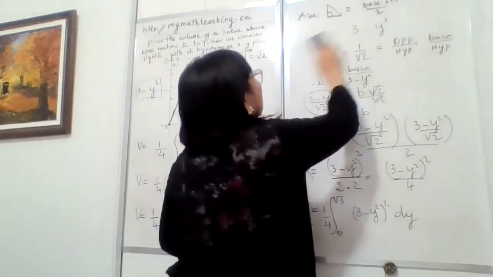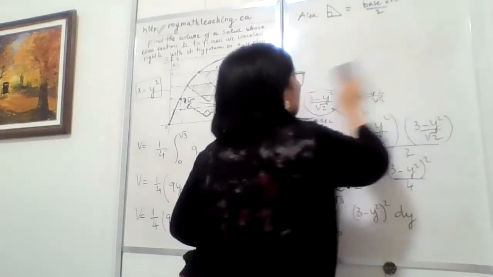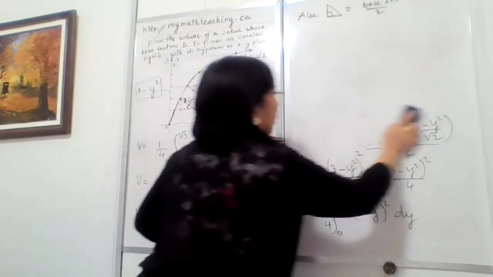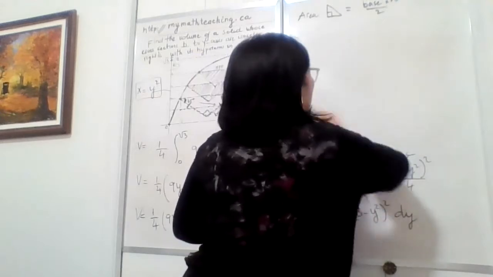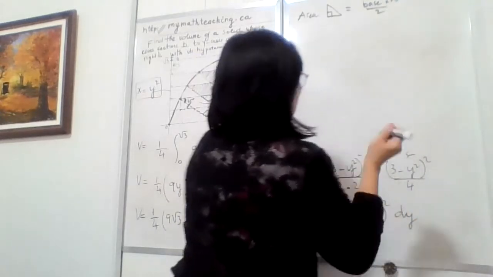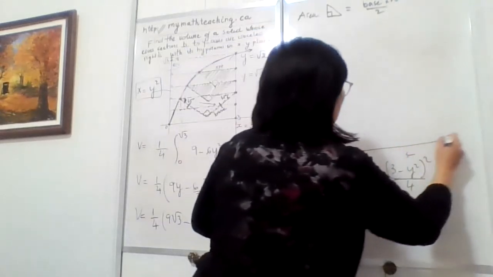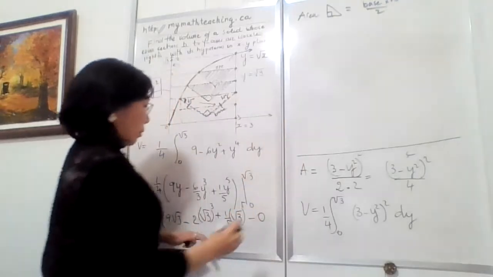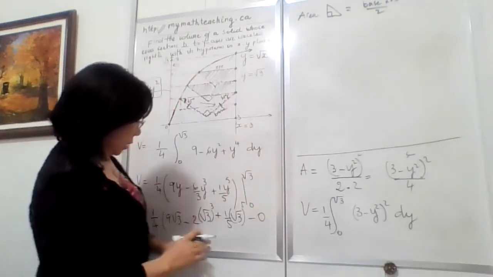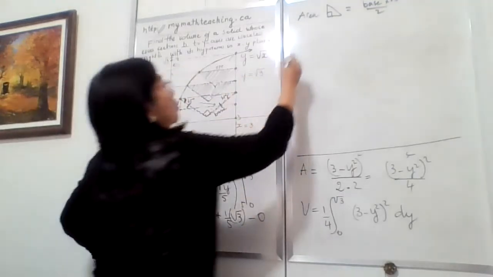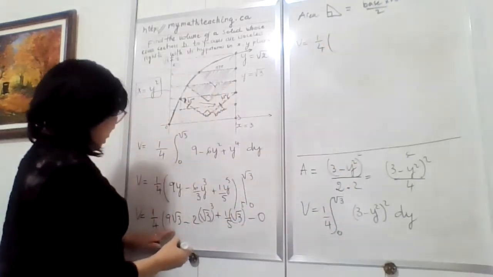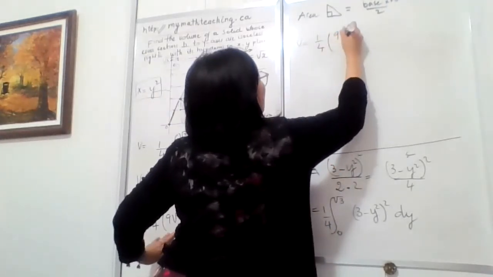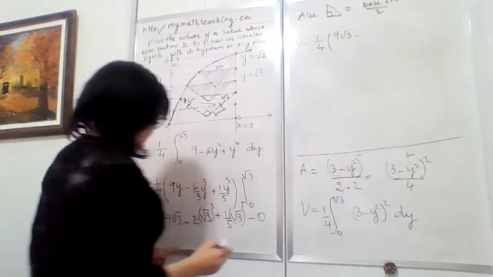So let me continue up here. From here, I'm going to go up there. So volume will be equal to 1/4 times 9 square root 3 minus 2.